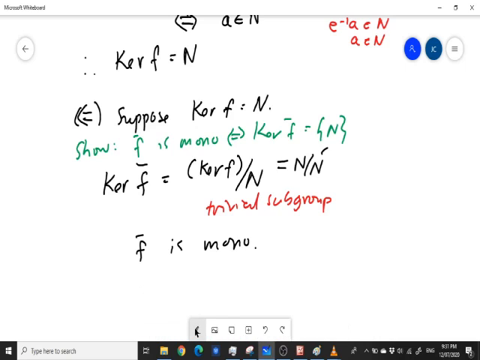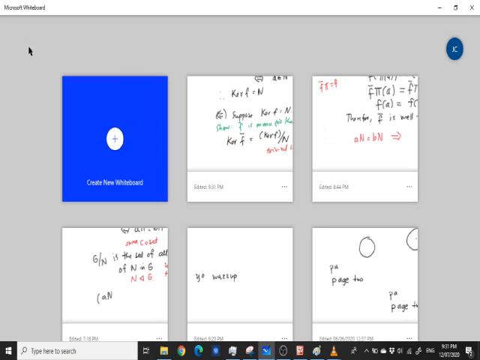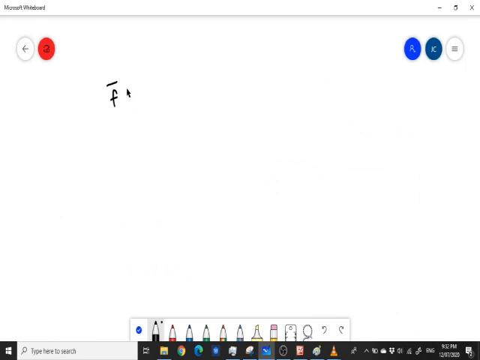So let's recap. F bar from G mod n. What have we shown so far?